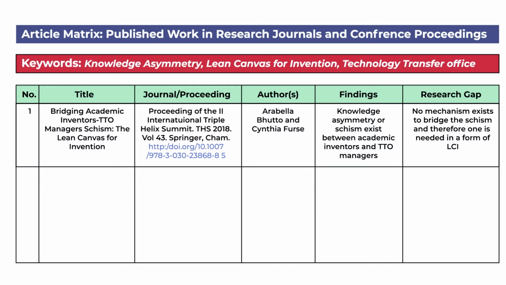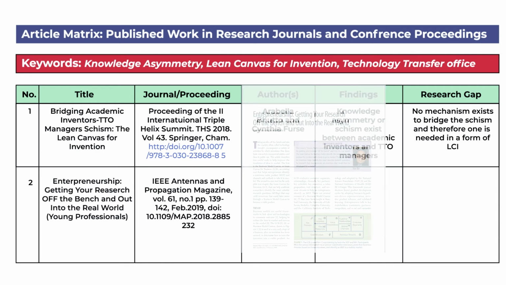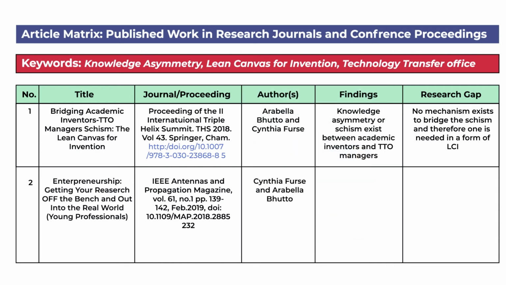Let's see with the help of another example how we can fill this article matrix. The second paper, titled Entrepreneurship, Getting Your Research off the Bench and Out into the Real World, is published by IEEE Antennas and Propagation Magazine, having an impact factor of 2.593. The authors of the paper are Cynthia First and Arabella.